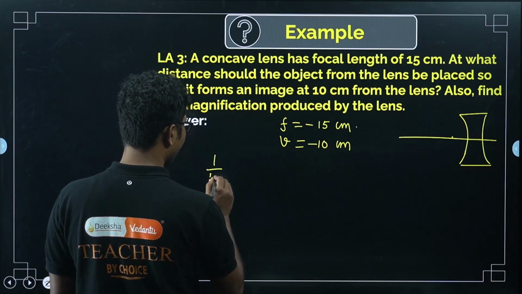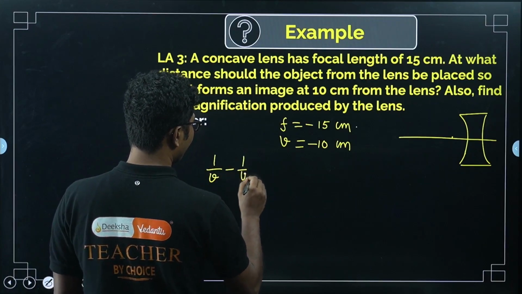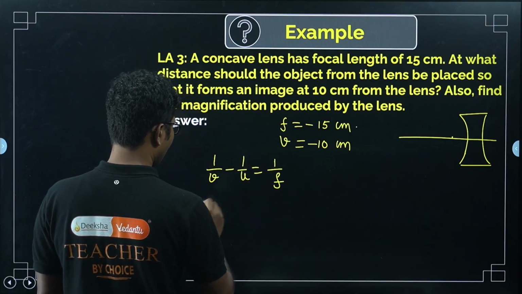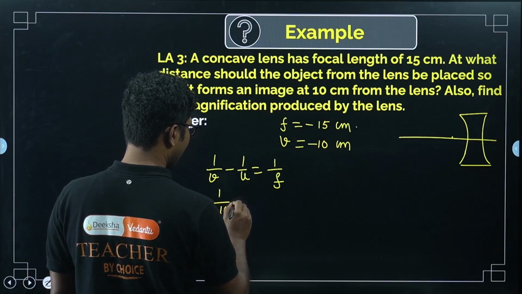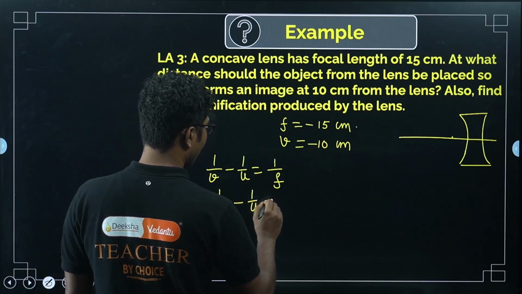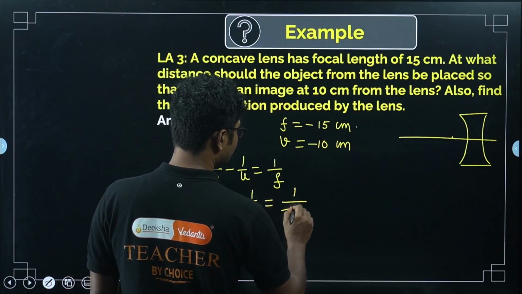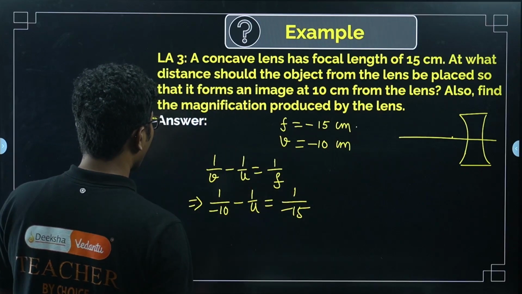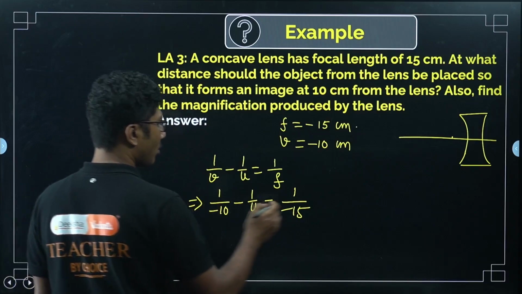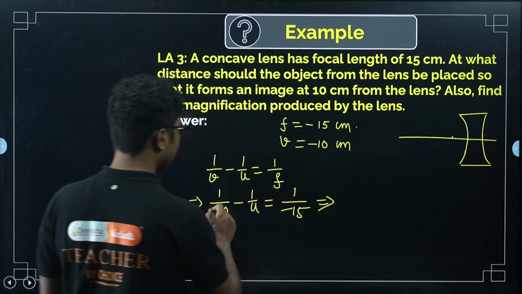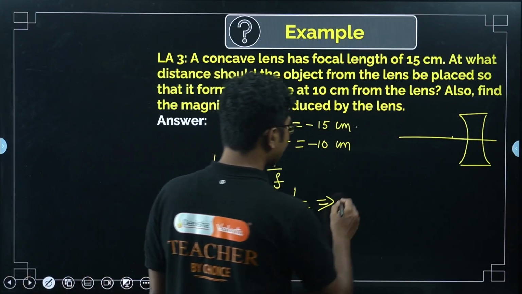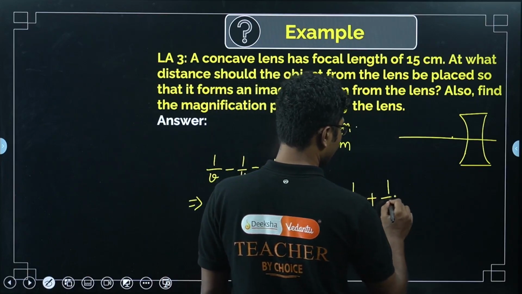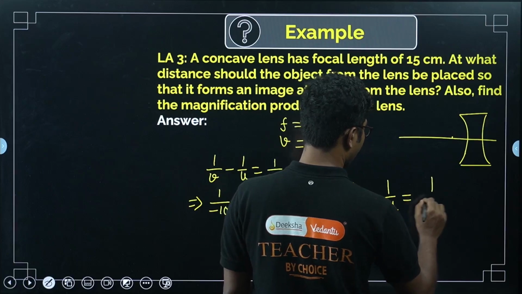We know that 1 by v minus 1 by u equals 1 by f, right. So what is v? v is minus 10, so minus 1 by 10 minus 1 by u equals 1 by minus 15. Now we can take the negative common, as all three terms are negative, and it becomes 1 by 10 plus 1 by u equals 1 by 15.